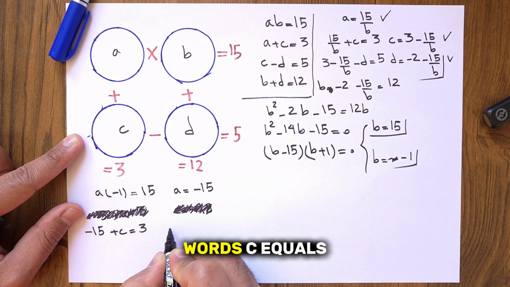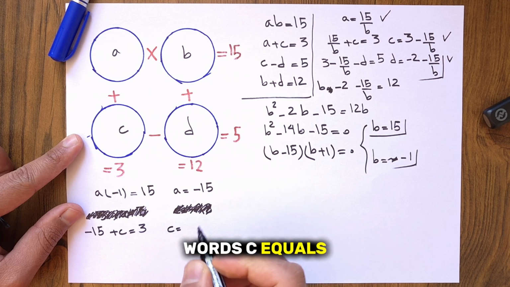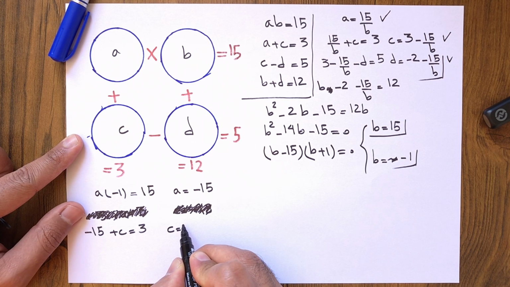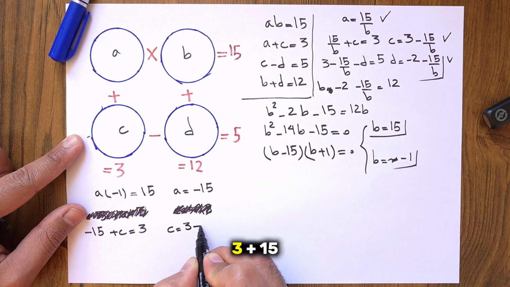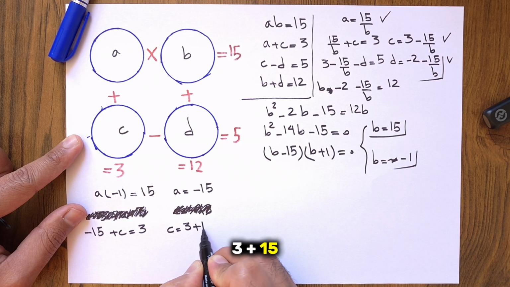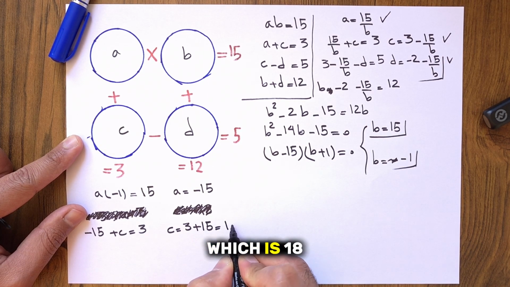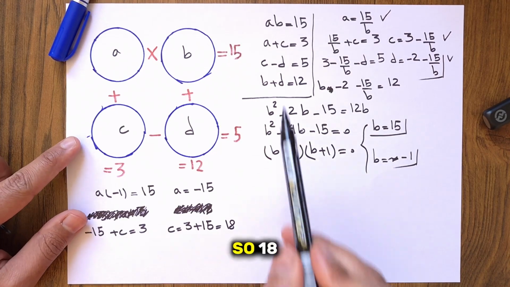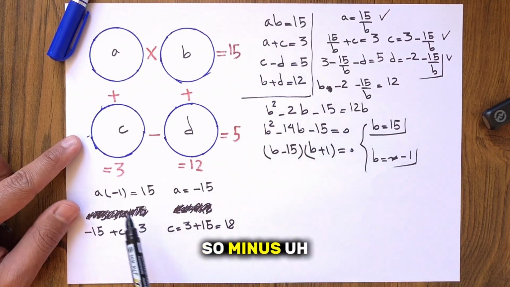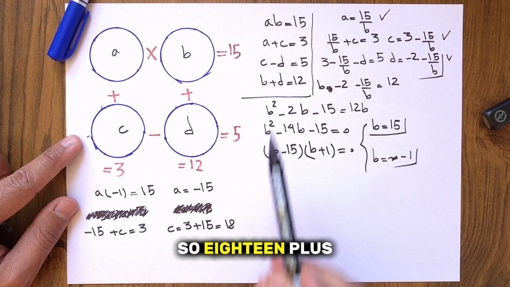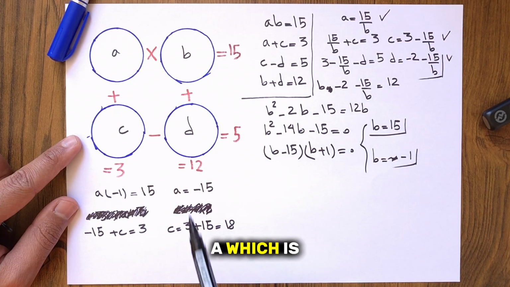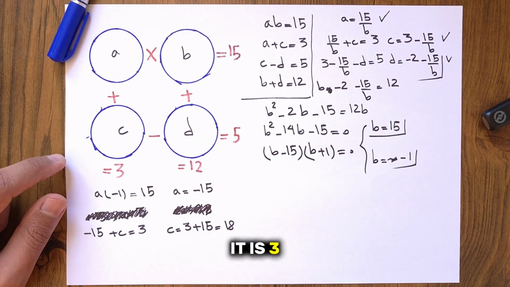Minus 15 plus C equals 3. In other words, C equals 3 plus 15, which is 18, right? Always double check. 18 plus A, which is minus 15, is 3.